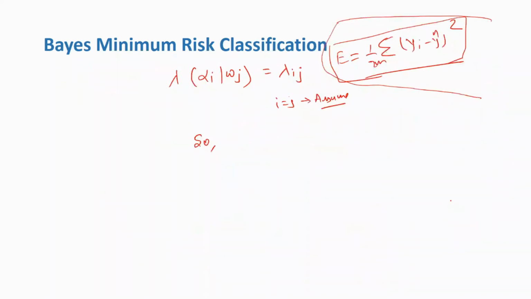When I say loss, suppose the loss is given by alpha i given omega j, the loss while taking the action alpha i given some class omega j, and I am representing it like this, lambda ij. I'm assuming the risk will be minimum at i equals j.